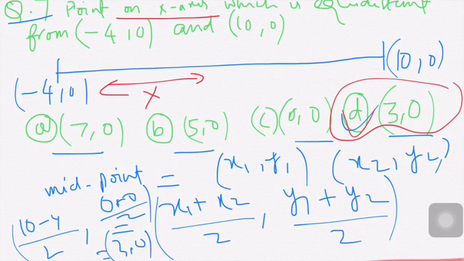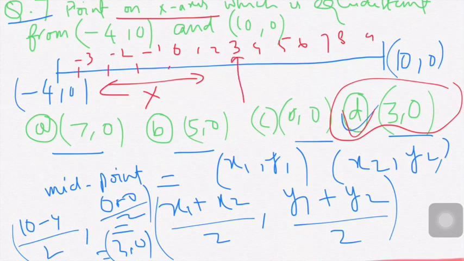So let's say here would be -3, -2, -1, 0, 1, 2, 3, 4, 5, 6, 7, 8, 9. So if we take the middle one, 3, 0, it is equidistant from both these points. Hence we can obviously write the answer option D.